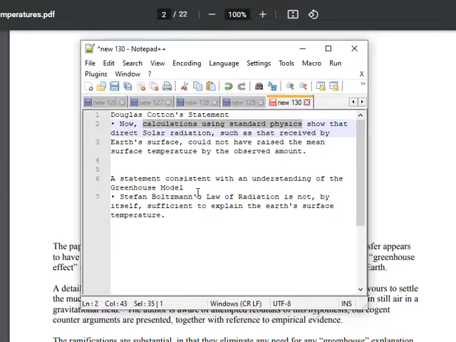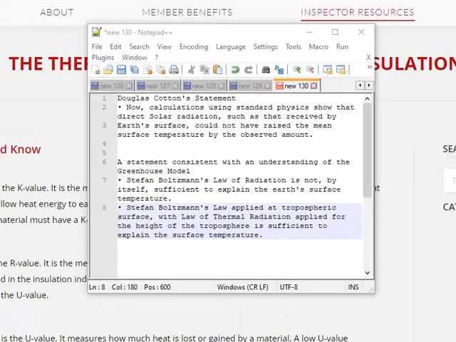A statement consistent with an understanding of the greenhouse model would be that Stefan Boltzmann's law of radiation is not by itself sufficient to explain the Earth's surface temperature. But if you take Stefan Boltzmann's law applied to the tropospheric surface and the law of thermal insulation applied for the height of the troposphere, these together are sufficient to explain the surface temperature.